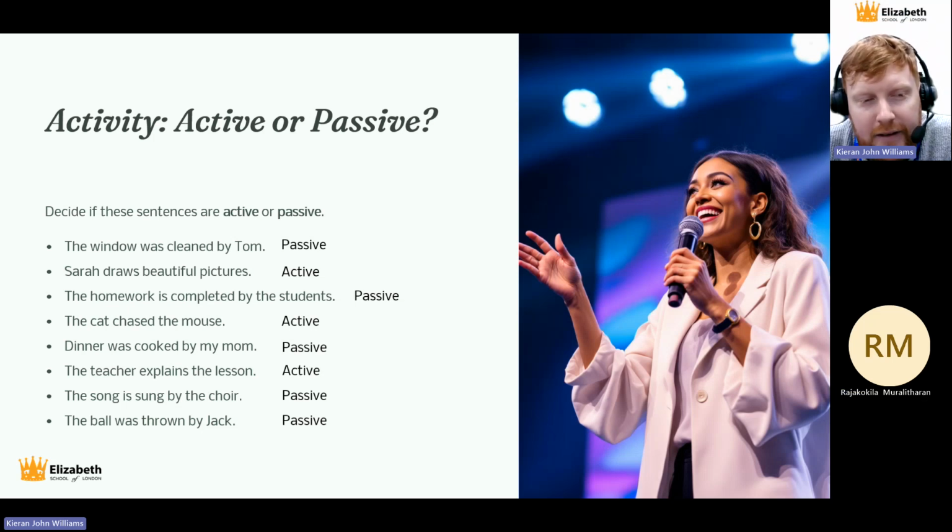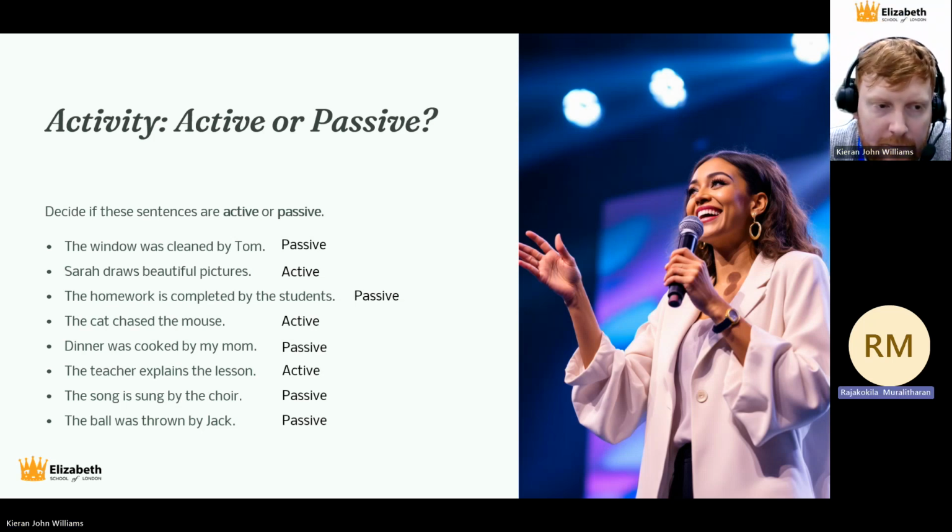So beautiful is an adjective. It gives extra information about the picture, so it is not so important. You could just ignore that one. So it's present continuous, maybe, active. It is active, because like you said, it is subject, verb, object, so it is active. Okay. Very good.